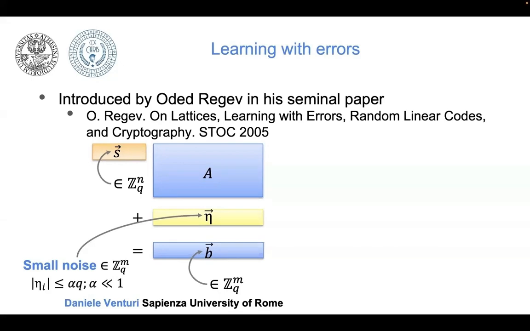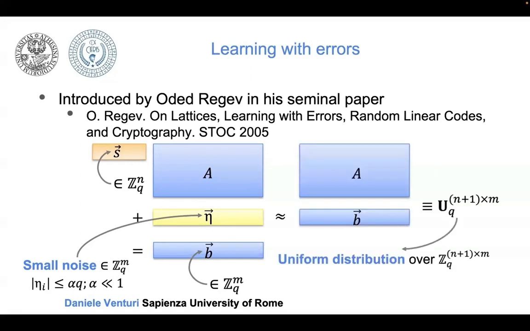Okay, so we have this, okay? And now the question is, can you compute S given this system of equations? Or actually, an equivalent way to phrase this problem is, instead of computing S, I give you A and B, and can you distinguish whether A and B are computed as in the left part of the slide, or are actually completely random?